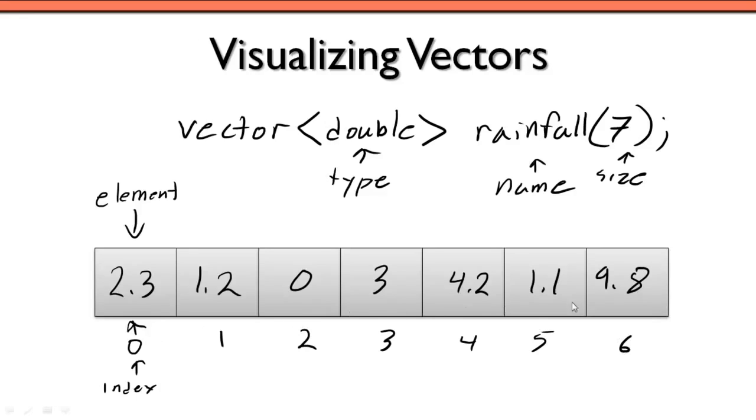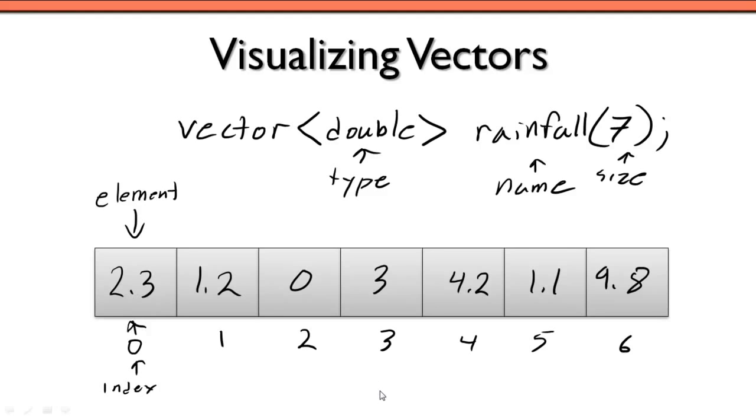So this is the collection of data that we're wanting to represent in this particular vector. And we can make use of this vector and access any one of our elements at any point in time, so we can have direct access to any particular value in this vector.